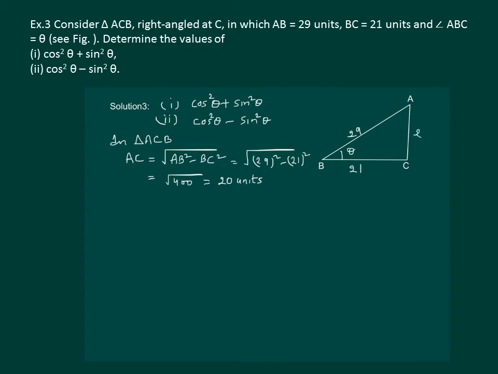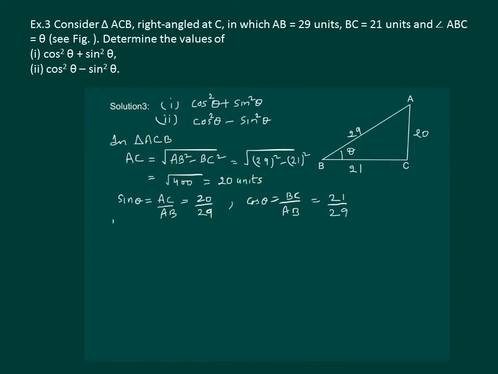So AC is 20 units. Then sin theta is how much? Sin theta will be AC by AB equal to 20 by 29, while cos theta will be BC by AB equal to 21 by 29.